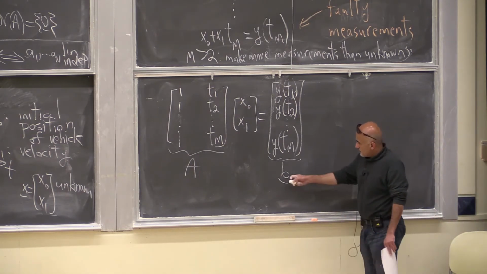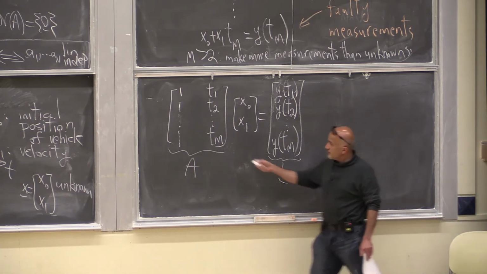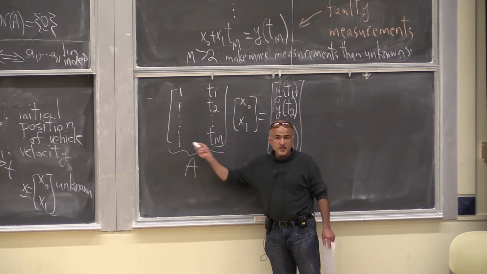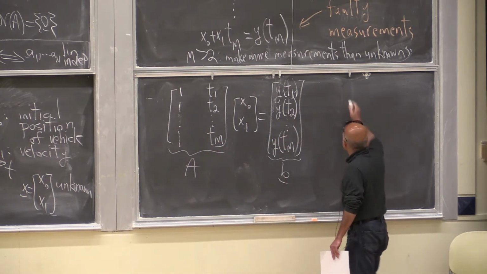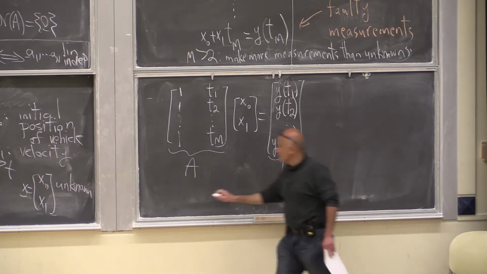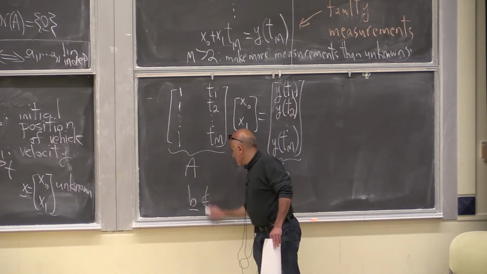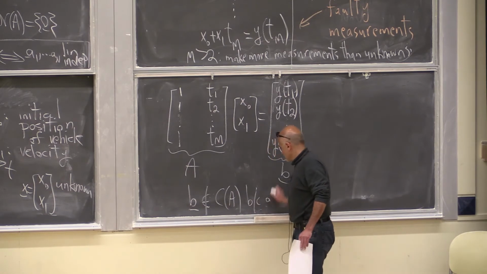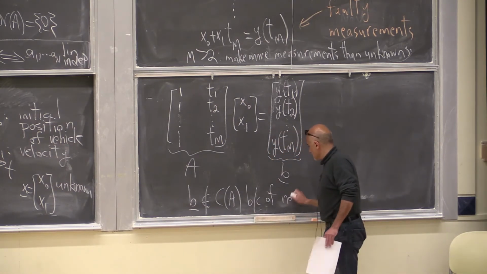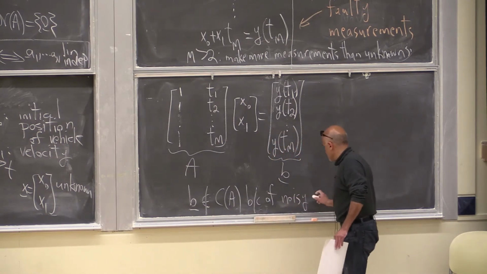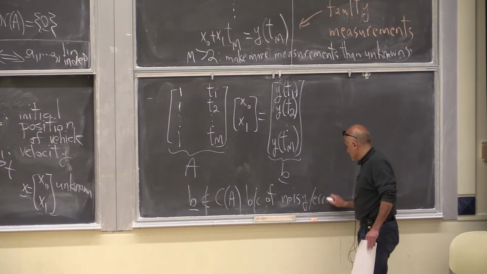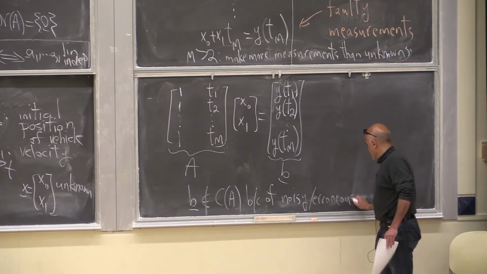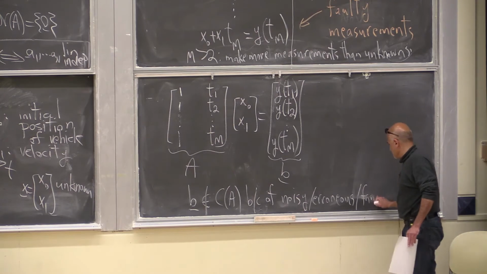Okay? The problem is this b doesn't lie in the column space of A, because of noisy or, for some other reason, erroneous or faulty measurements.